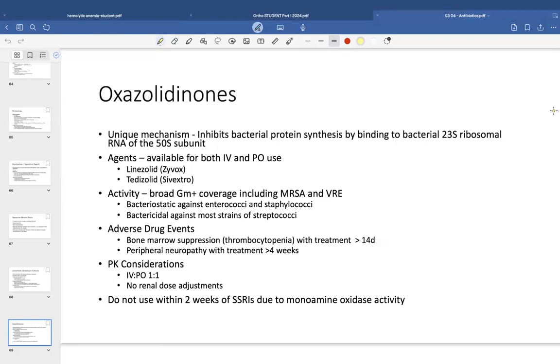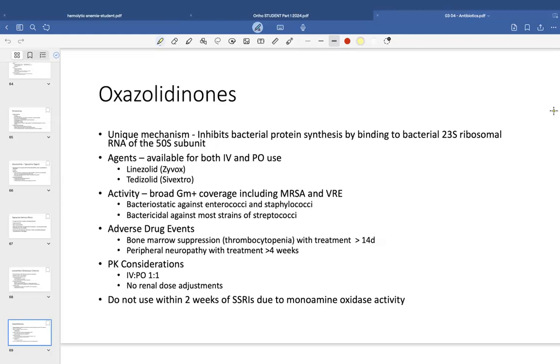And it has this property of monoamine oxidase inhibition. This interaction with serotonergic drugs can cause serotonin syndrome, and it can interact with monoamine oxidase inhibitors. This probably is a little overplayed, although again, there are published cases where this effect is a real thing.